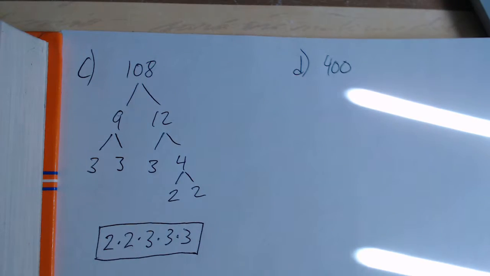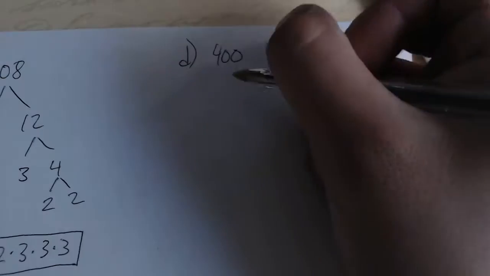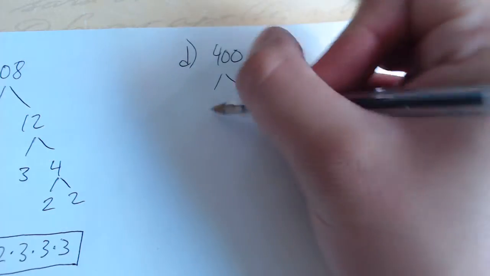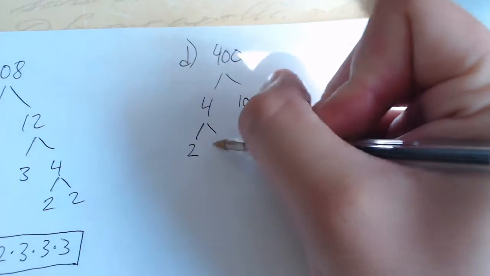Now let's go to problem D. We have to do the same thing, but we've got a bigger number: 400. So I can factor 400 into 4 and 100, because 4 times 100 equals 400. 4 I can factor into 2 and 2.